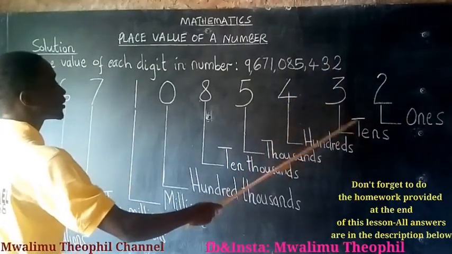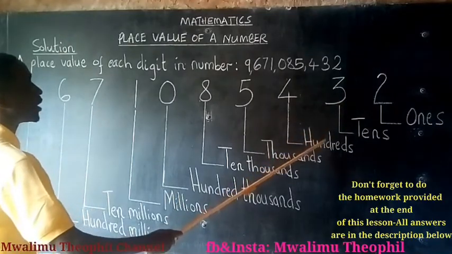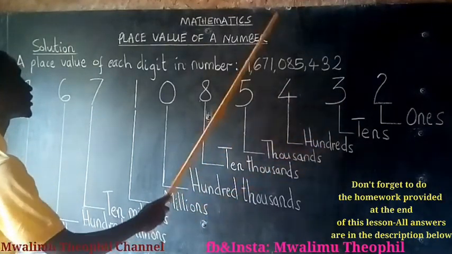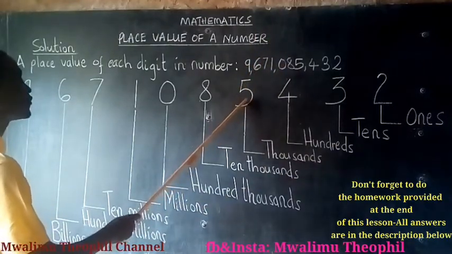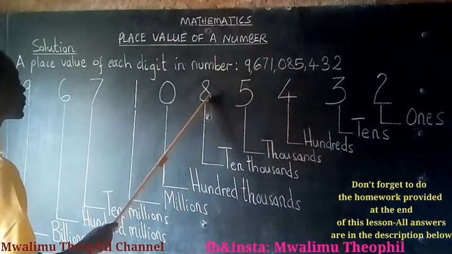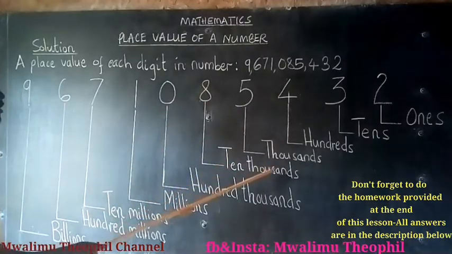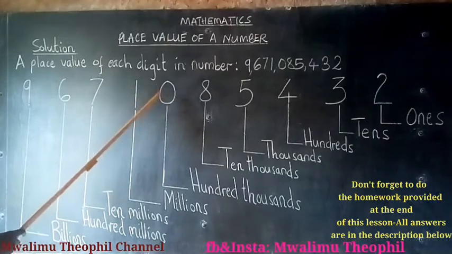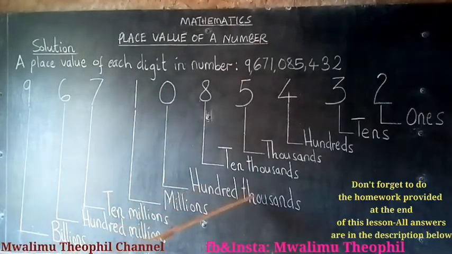The second one, tens. The third one, which is 4, is hundreds. The fourth, which is 5, is thousands. The fifth one, which is 8, is 10,000s. The sixth one, which is 0 in the number, is 100,000s.